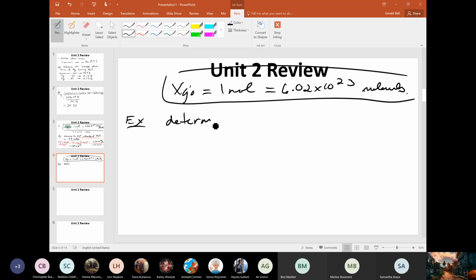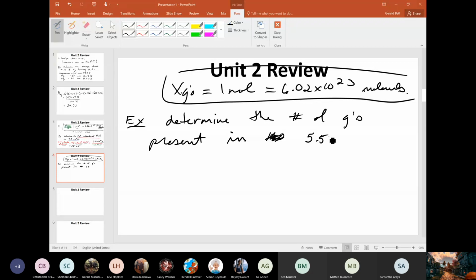Let's determine the number of grams present in 5.5 times 10 to the 24 atoms of Ag.